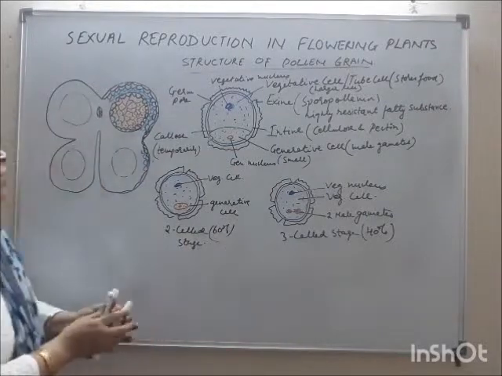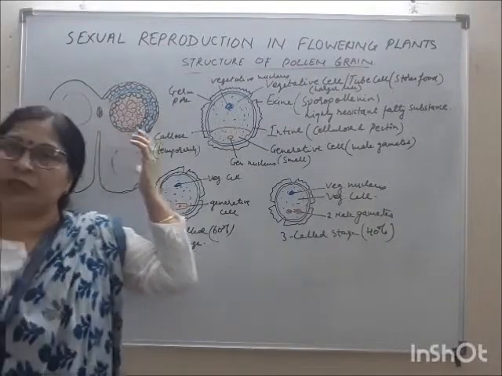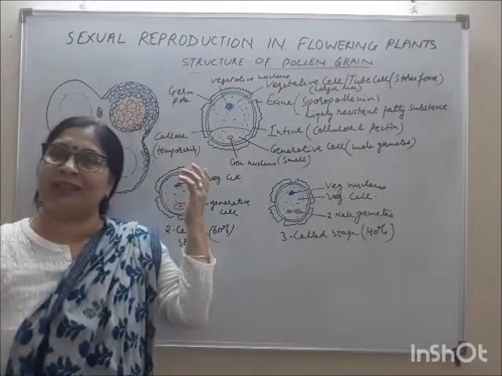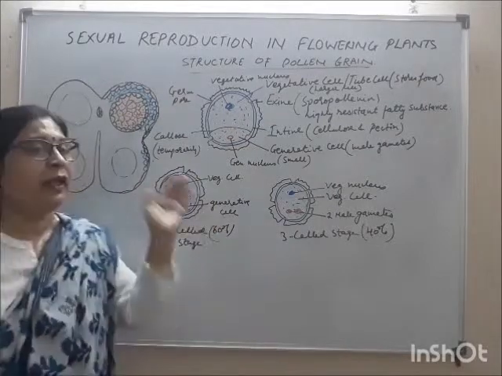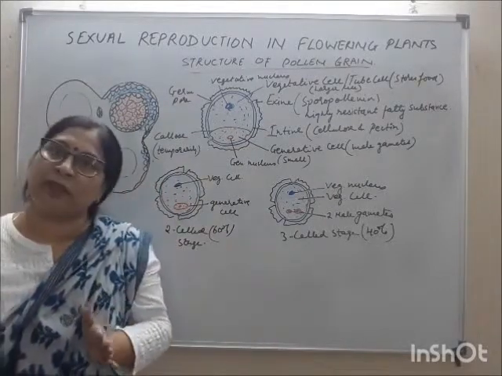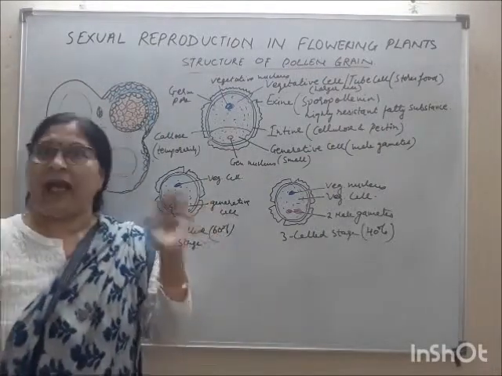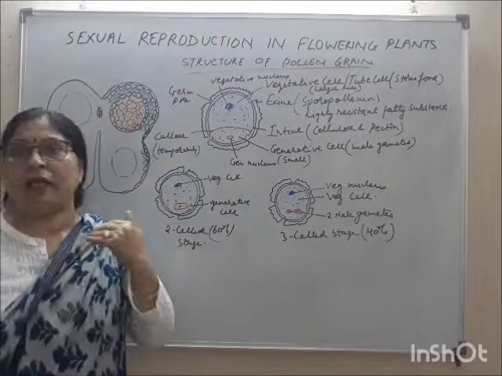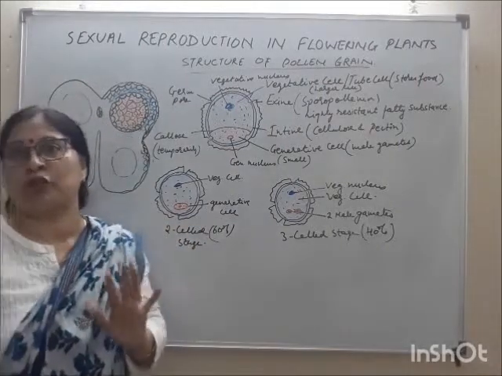क्लियर? अब ये हो गया. पहले हम स्पोरोजीनस टिश्यू से लेते हैं. Primary sporogenous cells undergo mitosis, that is diploid. It produces the microspore mother cell or pollen mother cell, which is also diploid, and this microspore mother cell undergoes meiosis cell division and produces 4 microspores.